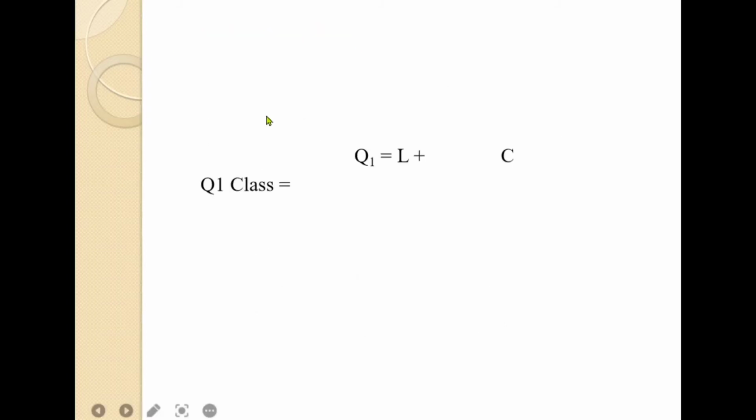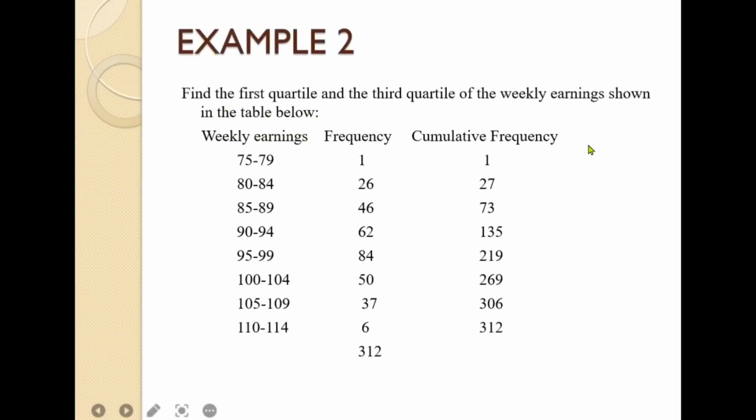So the first cumulative frequency takes 1. So 1 plus 26 gives us 27, 27 plus 46 gives us 73, 73 plus 62, 135, 135 plus 84, 219, 219 plus 50, 269, 269 plus 37, 306, and 306 plus 6, 312.